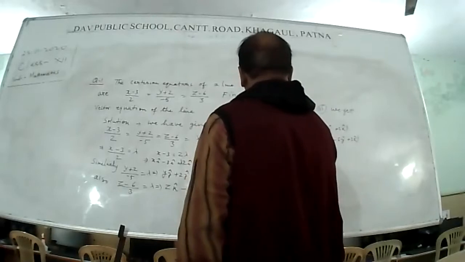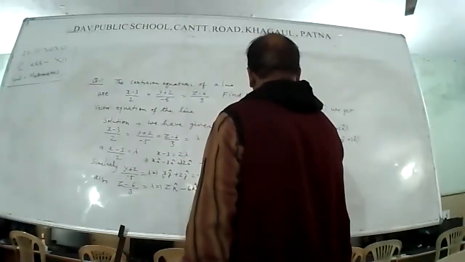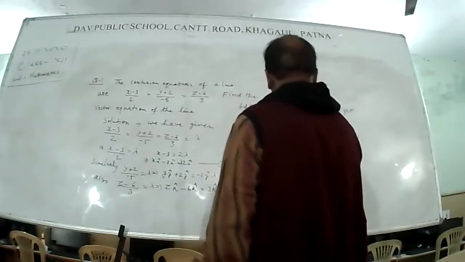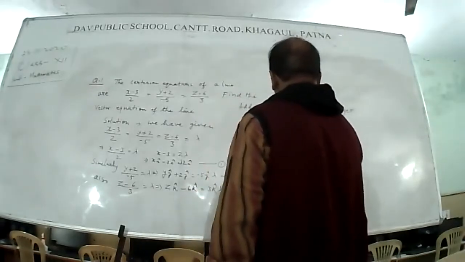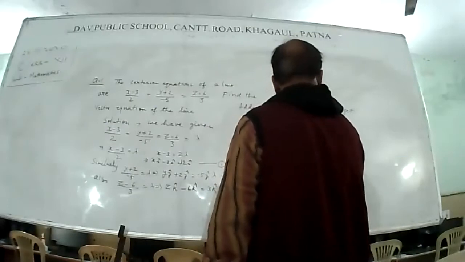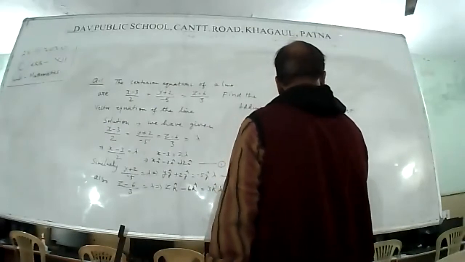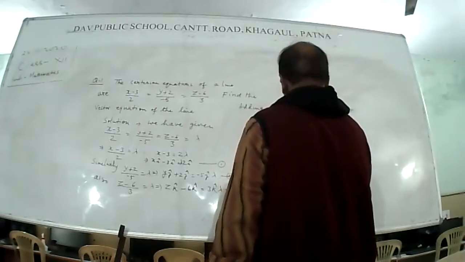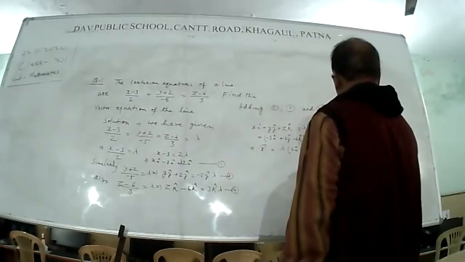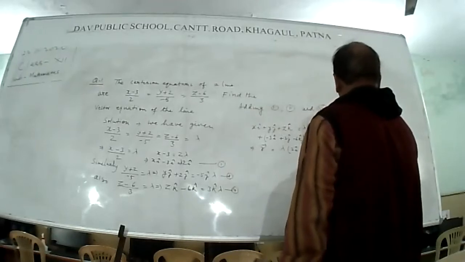So this implies r vector is equal to lambda into 2 i unit vector minus 5 j unit vector plus 3 k unit vector minus 3 i unit vector plus 2 j unit vector minus 6 k unit vector.